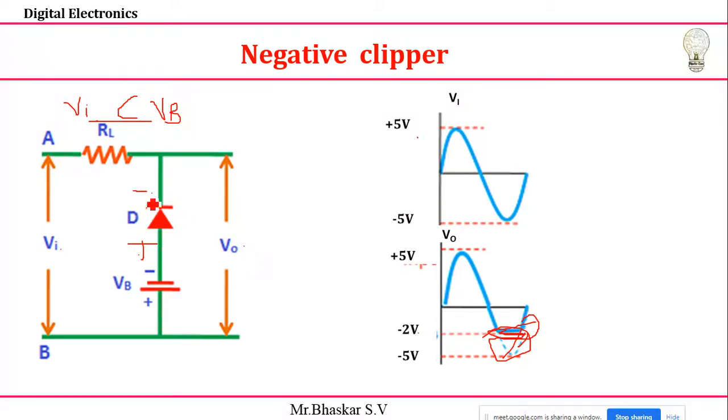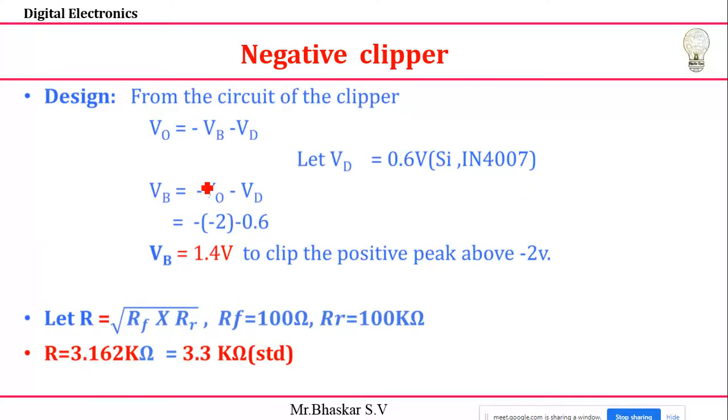How do we get the negative voltages? That's why it is minus of VD and minus of VB, which is equal to V0. That is the equation. What is the difference between the previous equation and this one in the designing part? The output voltage is equal to minus VB minus VD. Okay, let VD be equal to 0.6 volts. You need to consider at what output voltage I need to clip off: it is minus 2 volts.